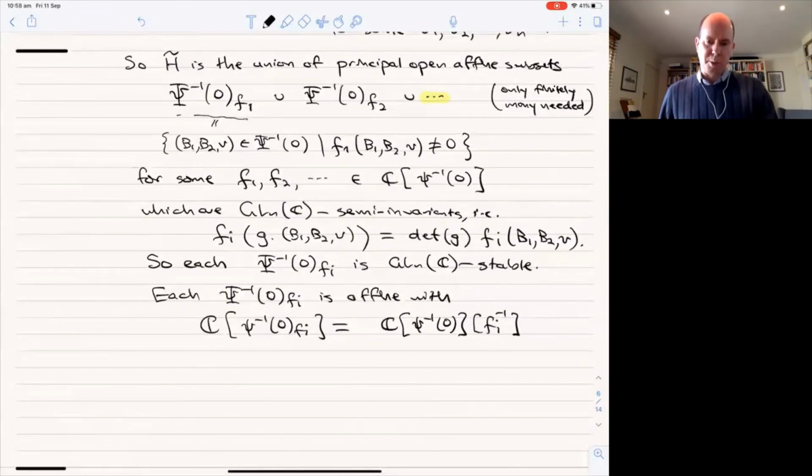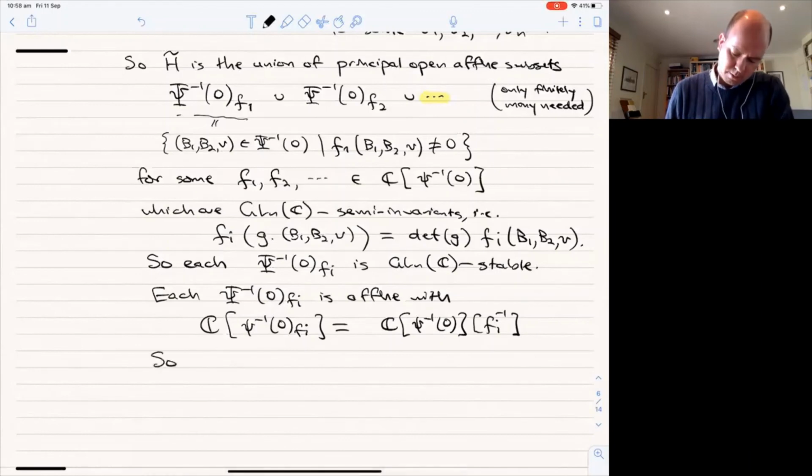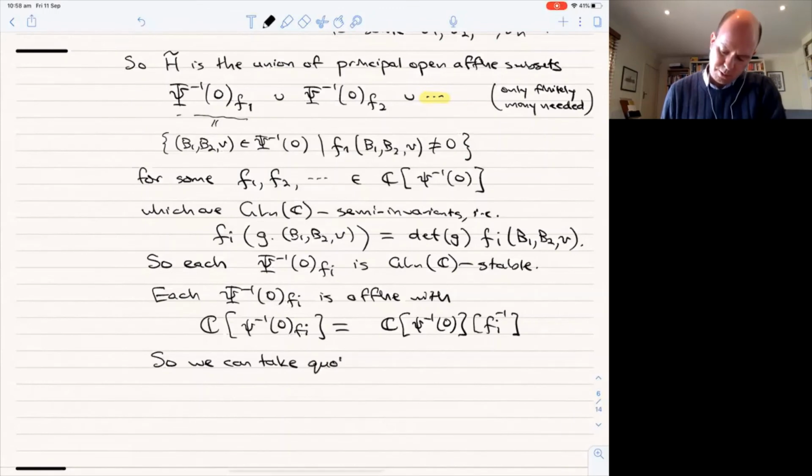Okay, well, I'm almost out of time, so let me just cut to the chase. So then we can take GIT quotients of each of these principal open affines in the same way as before.